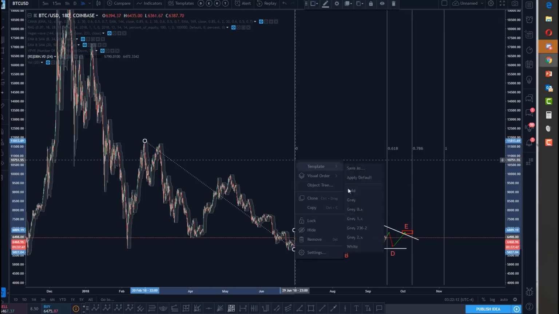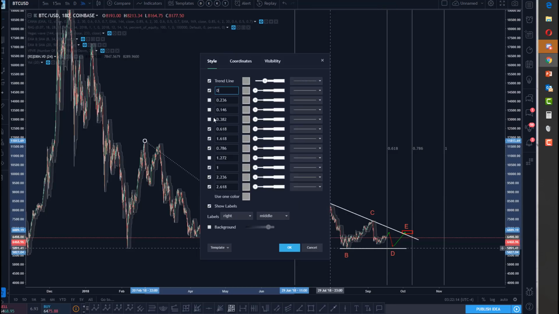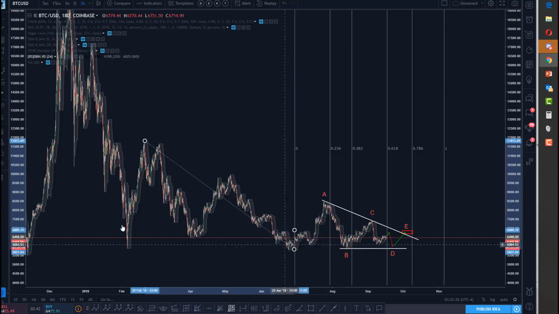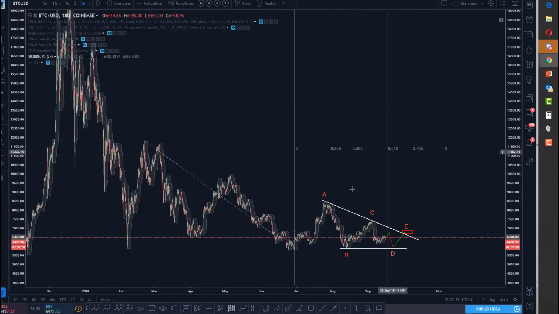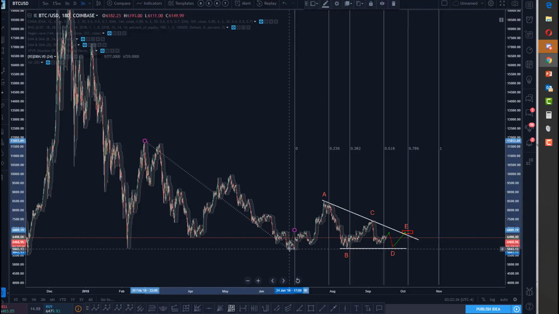Now let me put some other fib levels in there just to see. 236, 382. Let's move it to the right one, left one pivot here.